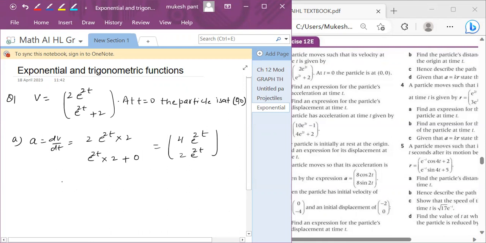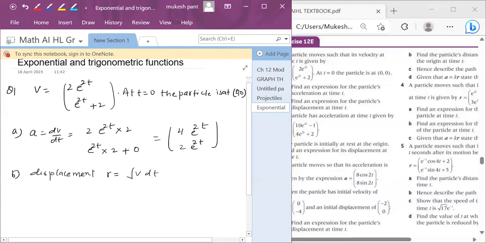Now if we look at part b, we have to find the displacement, right? Displacement is denoted by r. So when we have to find r, we will integrate v. R will be the function of t; you integrate the velocity, then you can get this one.